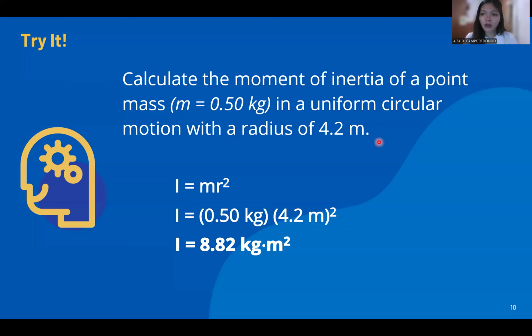If we multiply the radius by itself and then multiply the result by the mass, we arrive at the answer 8.82 kilogram meter squared. And that would be the moment of inertia of the point mass in a uniform circular motion.